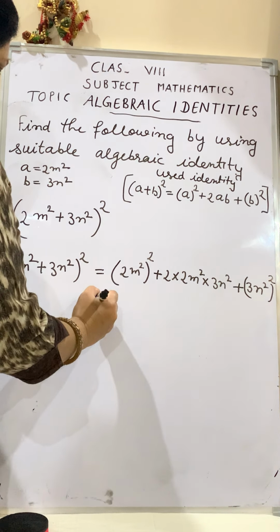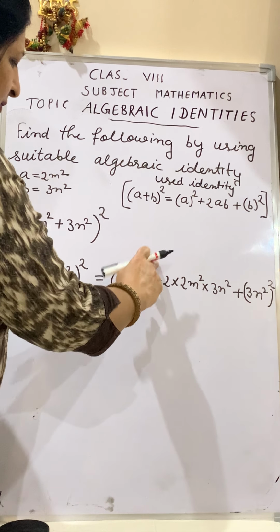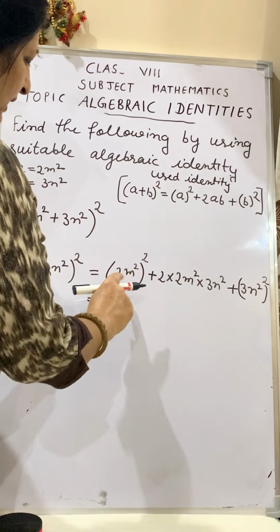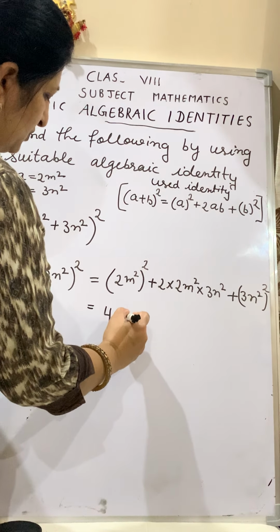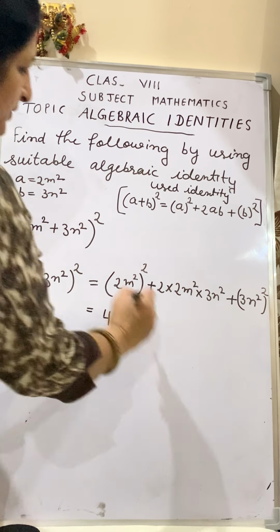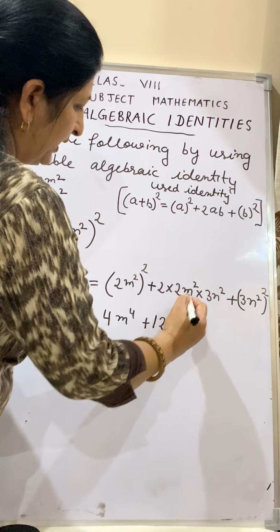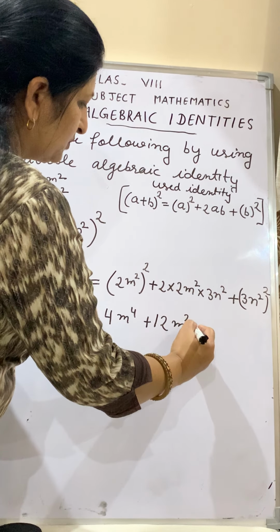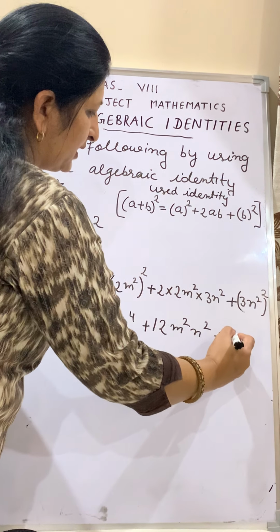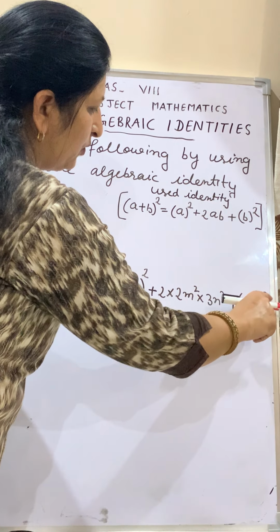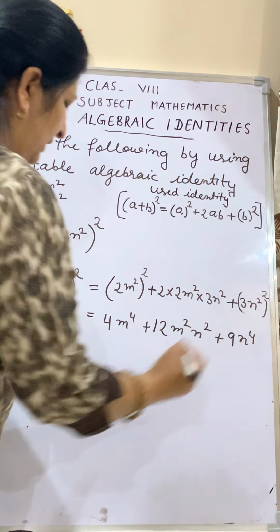Now we will solve. 2 raised to power 2 is 4 and m raised to power 2 whole power 2, these powers will be multiplied, m raised to power 4. Plus 2 2s are 4, 4 3s are 12 and m raised to power 2, n raised to power 2. And 3 raised to power 2 is 9 and n raised to power 2 whole power 2, these powers will be multiplied and raised to power 4. It is the answer.